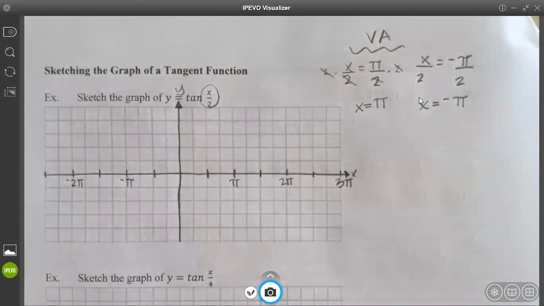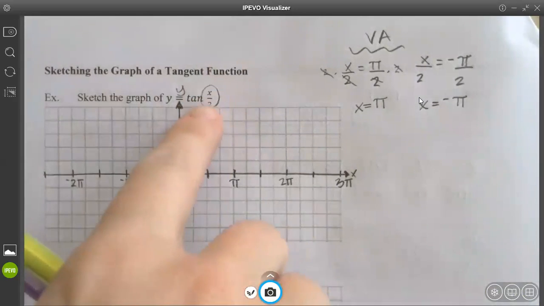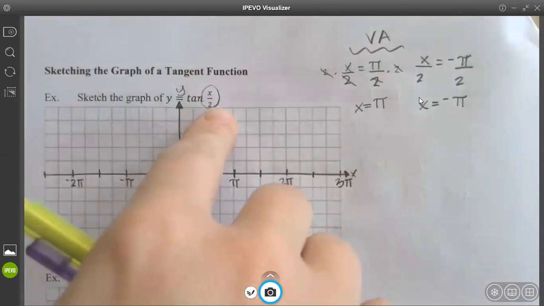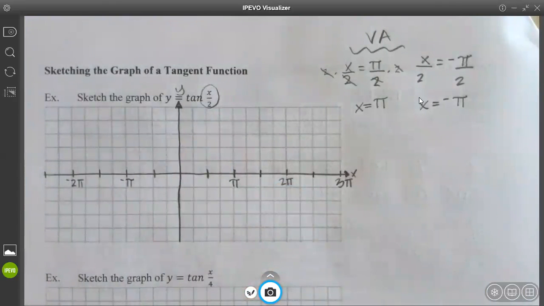But why is this one not undefined there? What are we doing? Half of that, right? So what would be half of the 180? 90. What's your coordinate there? 0. And then what would your x coordinate be? 0. So on the bottom, it would be undefined, right?